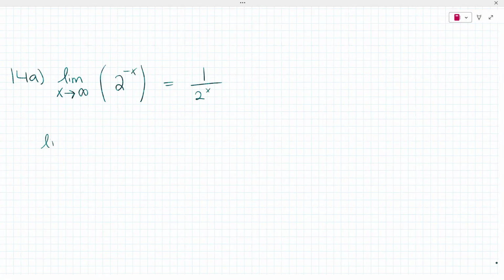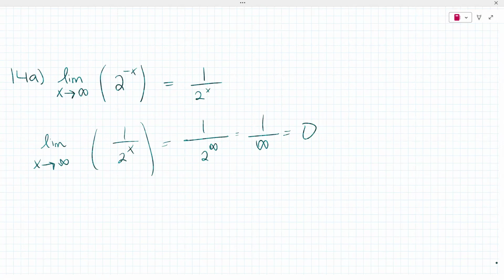So what is the limit as x approaches infinity of 1 over 2 to the x? Replace your x with infinity. So what's 1 over 2 to infinity? 1 stays the same. 2 raised to infinity is just infinity. What's 1 over infinity? It's 0. One note is that this is not a polynomial, so you can't use the degree.